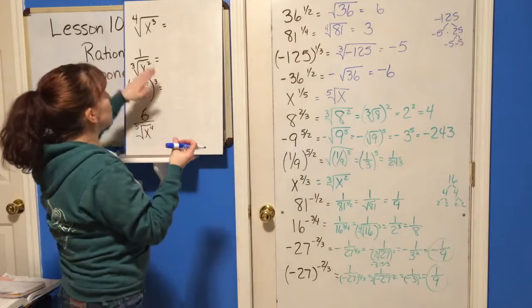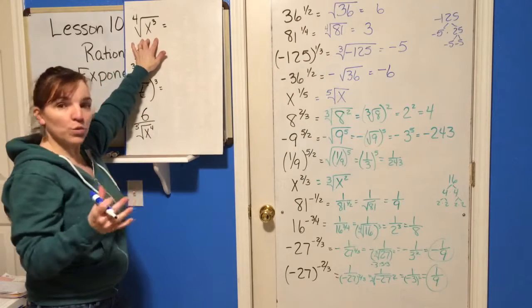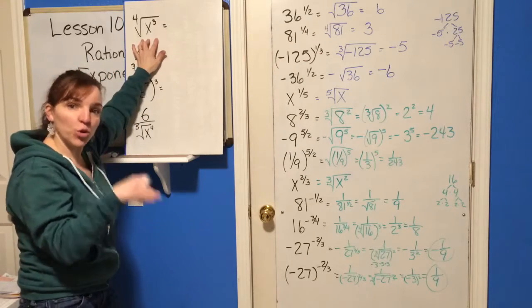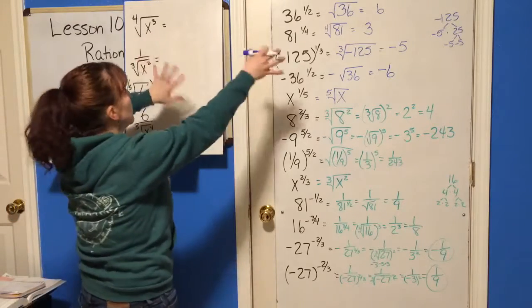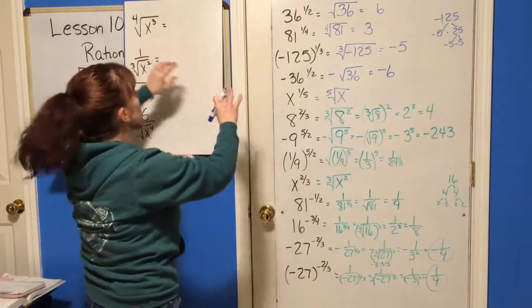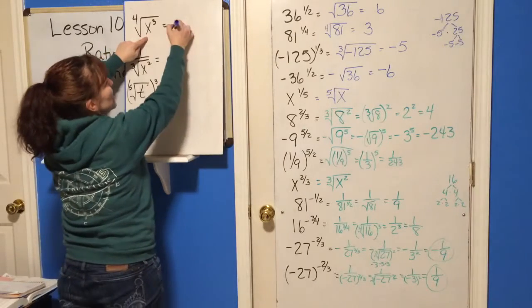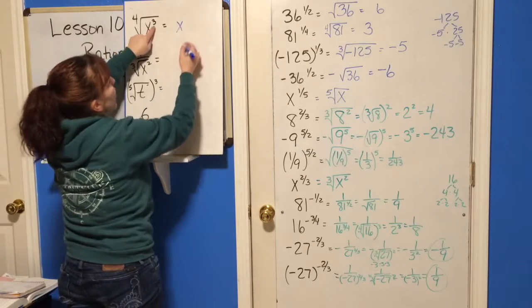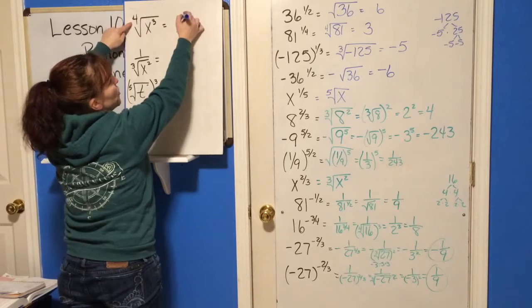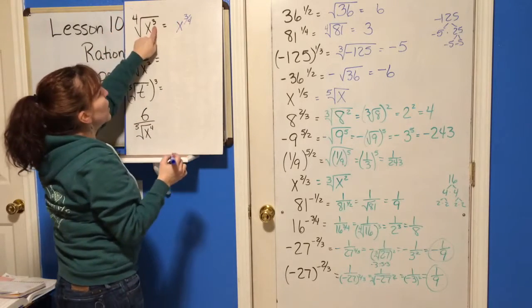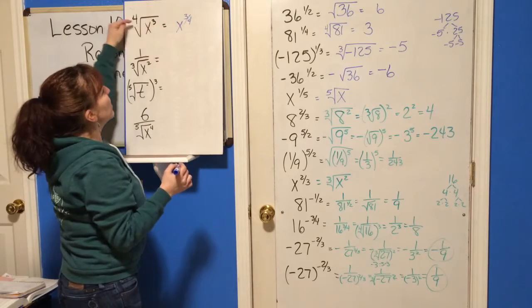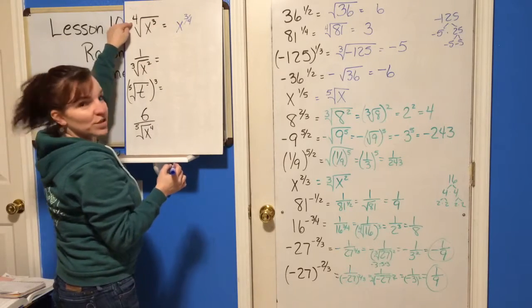Now what I'm going to give you is a root, and I want you to change that root to a rational exponent. Okay, so I want you to go back and forth between the two. So in this case, you've got x is your base, and 3/4 is your fraction. So don't forget, the numerator is your power, the denominator is your root.